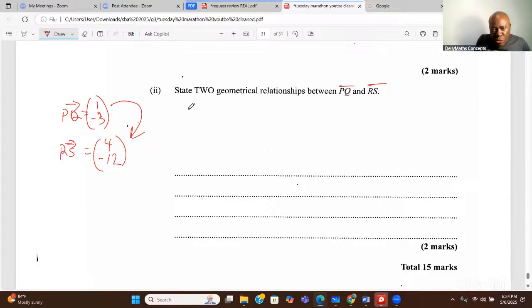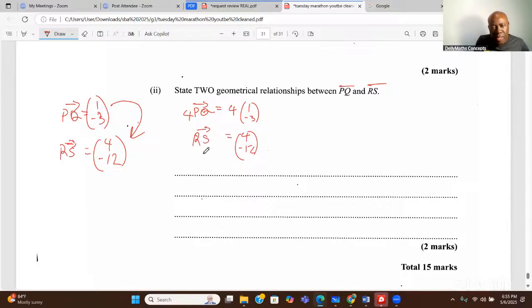So you do notice that if you say 3 times PQ, I'm going to do it just for clarity. I'm saying 3, I should have said 4. I'm really saying 4, okay? So if you said 4 times PQ, you're going to have 4 times 1, -3. Let's take a look at what we'll get. You'll end up with 4, -12. What is this? It is RS.